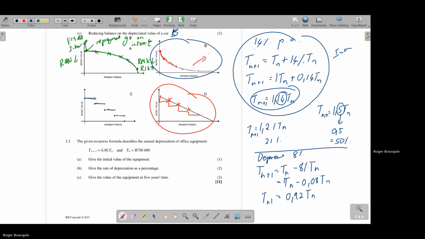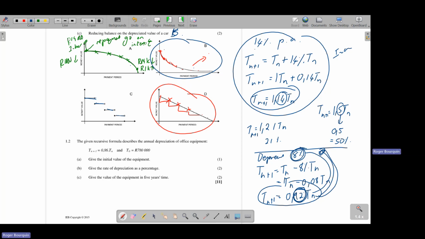So Tn plus 1 would be that. So the depreciation, if we go the other way around, what's the difference between 0.92 and 1? It's gone 8 down, so it would be 8%, less than 1. You had to add 8%, in other words, to 0.92 to get 1.